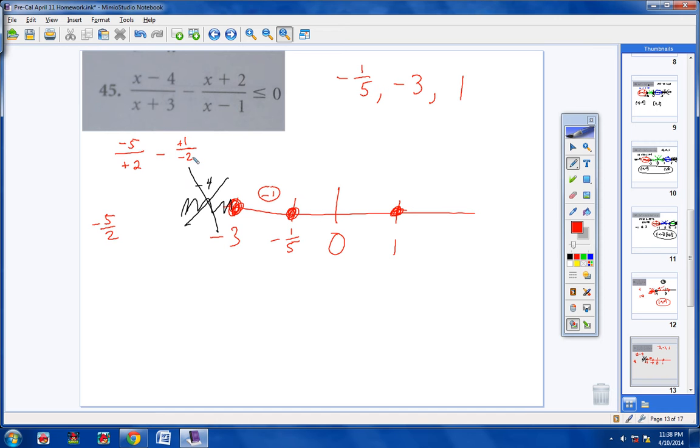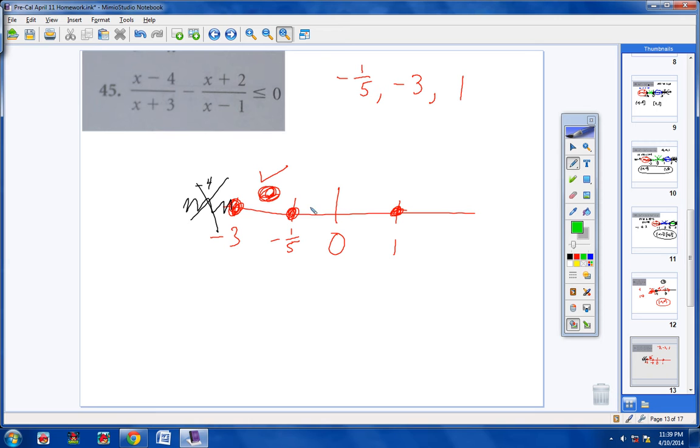That means the whole fraction is negative, and a negative and a negative is a positive 1/2, so we end up with negative 2, which is less than or equal to 0. If you use a calculator, you'll see negative 5 over 2 plus 1/2 is negative 2, which is less than 0. And that is totally true. So we know this section right here does work.